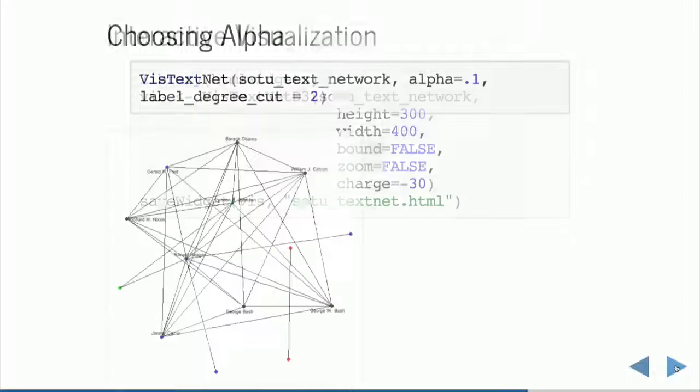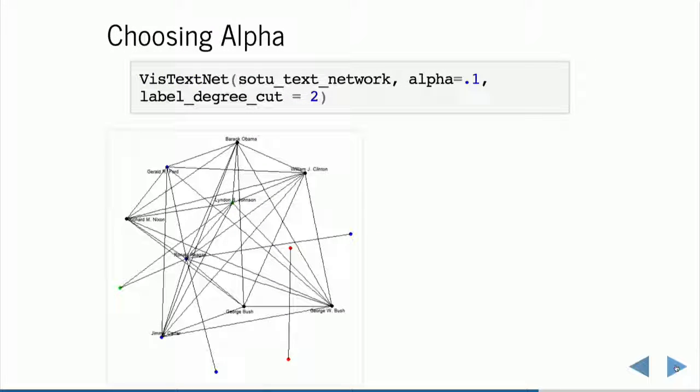But if we turn up the criterion and make it harder for someone to have an edge, we wind up trimming nodes, right? We don't see all the presidents here, and we wind up with a less informative network. So there is a kind of balancing act of finding that sweet spot for alpha, and we haven't yet done benchmarking to do that, and that would be a great next step for anyone who wanted to take it.